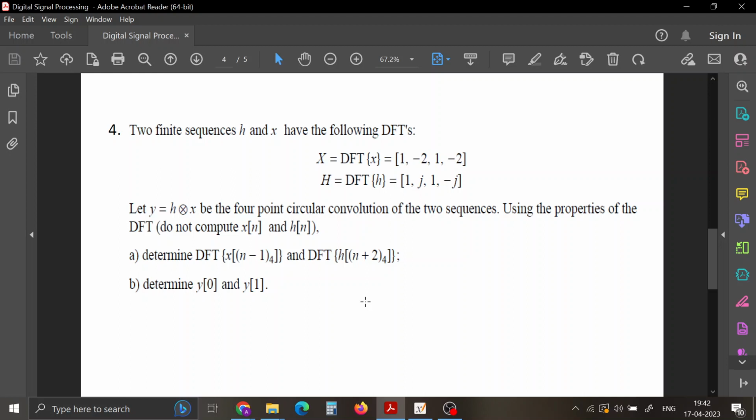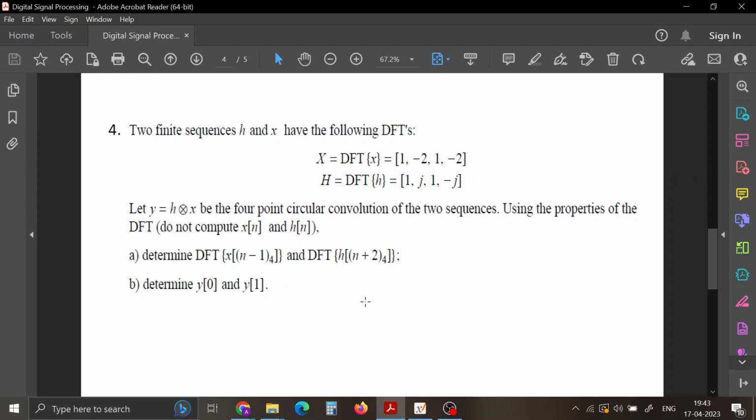So another way we can approach this problem is that we need to find small y of 0 and small y of 1. Since small y is the circular convolution of small h and small x, and as I mentioned before, circular convolution in the time domain translates to simple multiplication in the DFT domain.